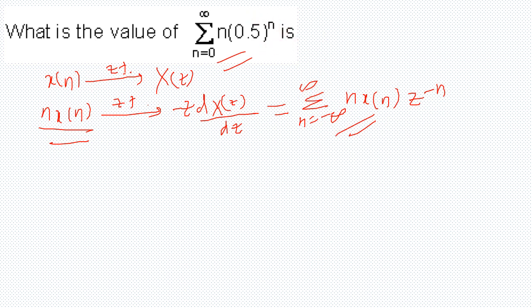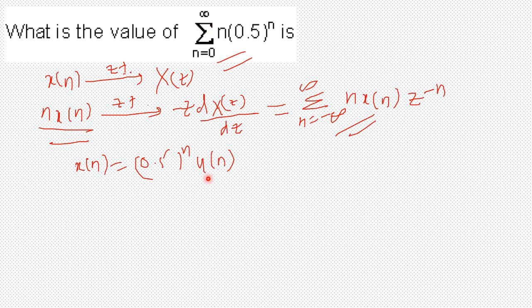So if we compare these two expressions, x of n should be equal to 0.5 power n, and there should be u of n, so that we are able to make the limits from 0 to infinity. So this u of n has come so that the limit is from 0 to infinity.